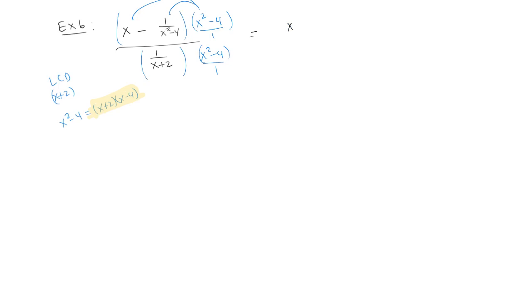So that would be x times x squared minus 4 minus x squared minus 4 all over x squared minus 4. And then here, just multiplying straight across, I have x squared minus 4. I'm going to go ahead and write that out as x plus 2, x minus 2. Just go ahead and factor that.